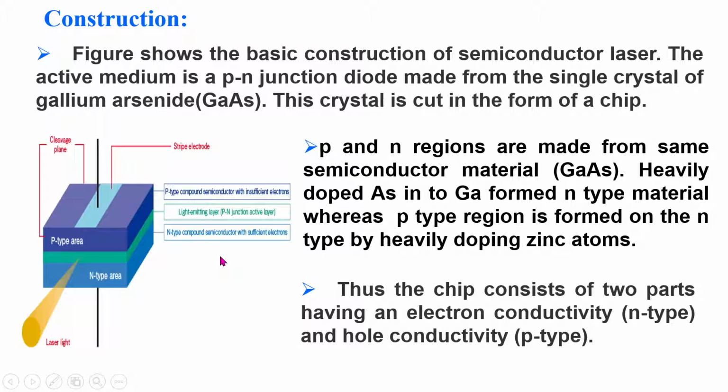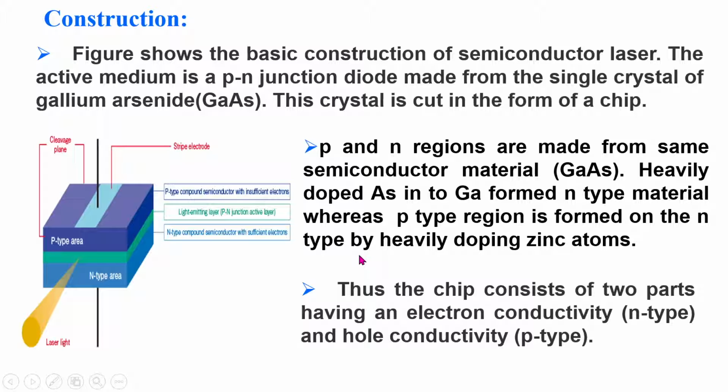In these chips, the P and N regions are made from the same crystal, that is the same semiconductor material of gallium and arsenide. By heavily doping arsenide into the gallium, the N-type material is formed, whereas the P-type region is formed on the N-type by heavily doping zinc atoms.